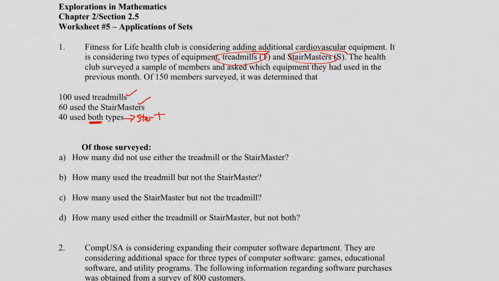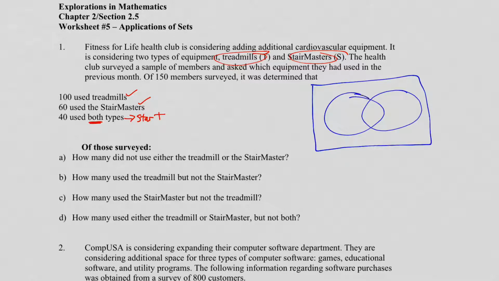This is two sets, treadmills and stairmasters. All right, so when it says both, that's basically the intersection. So you just want to go ahead and put the 40 right in there.